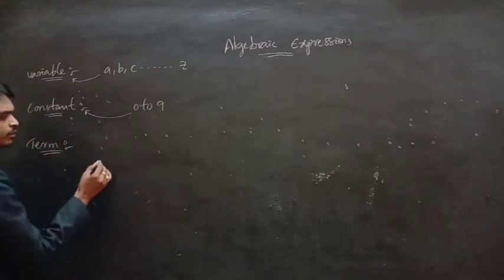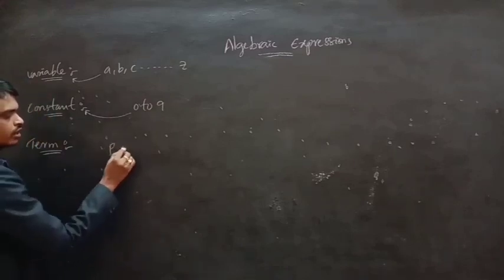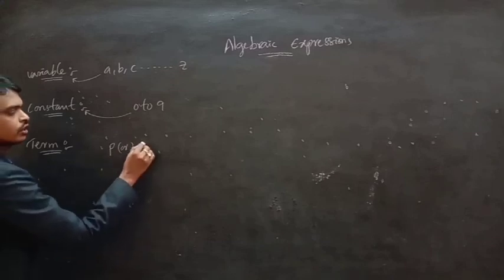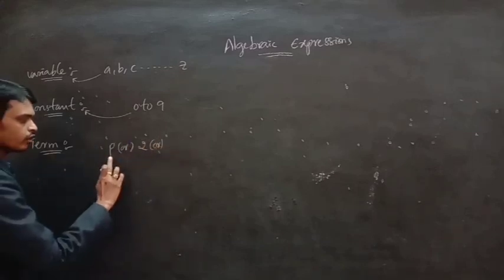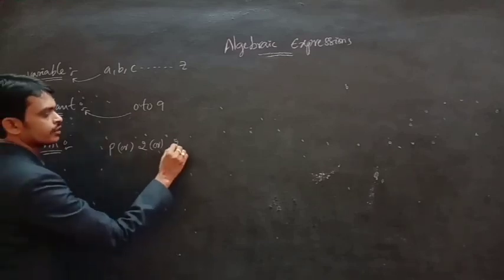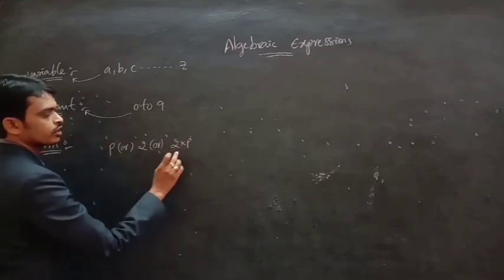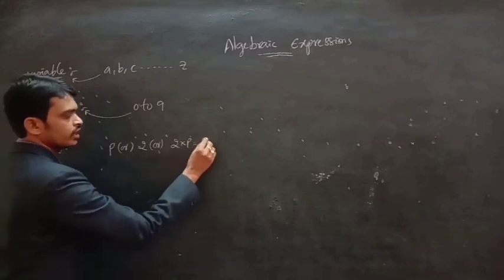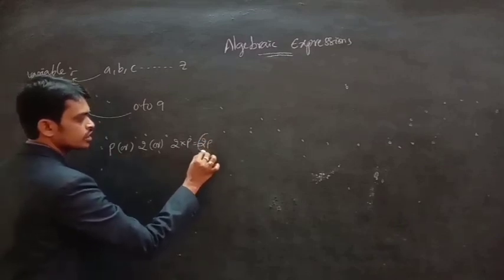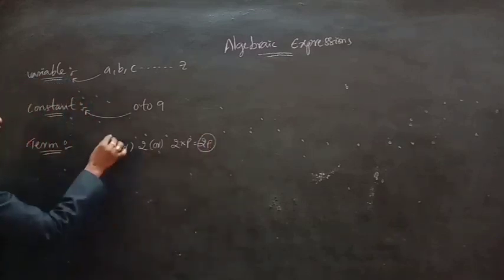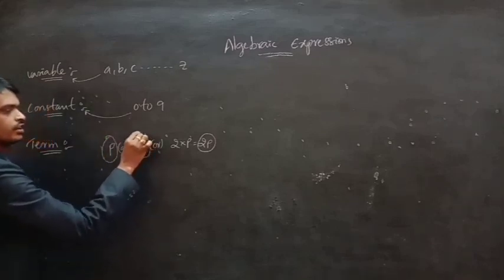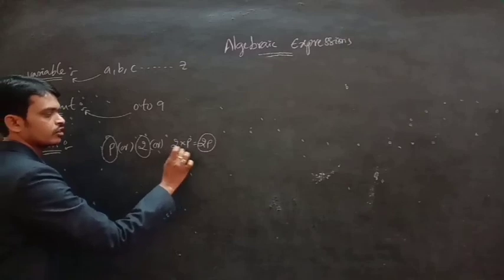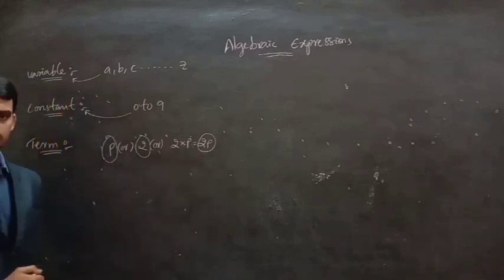So we can write a variable P, or a constant 2, or the product of a variable and a constant, 2 into P, 2P. So this is also a term. A single variable, a single constant, and the product of a variable and a constant are called terms.